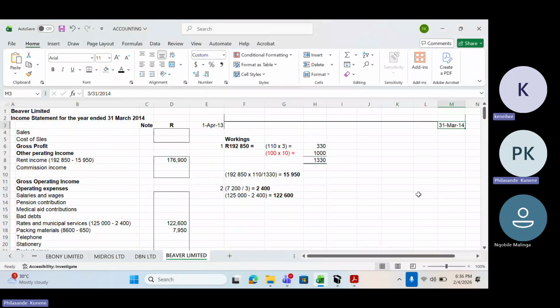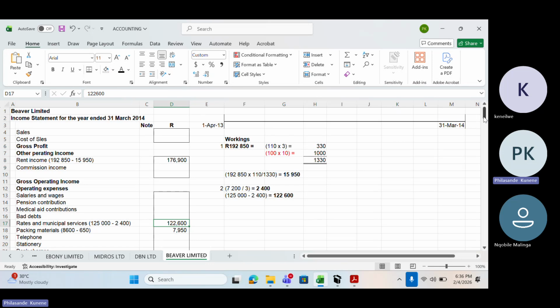So actually that 7.2 was for 3 months. But in that 3 months, there was an extra 1 month there. That's why we're taking it out. 2.4 is a prepaid expense. So now that we have recorded 122,600 as part of the expense in the income statement, but I know that this 2,400 is a receivable, right?